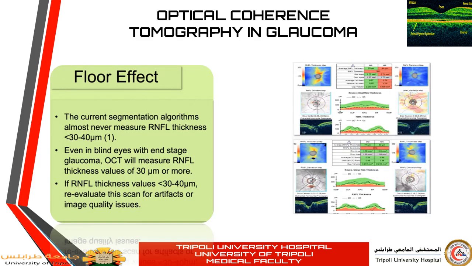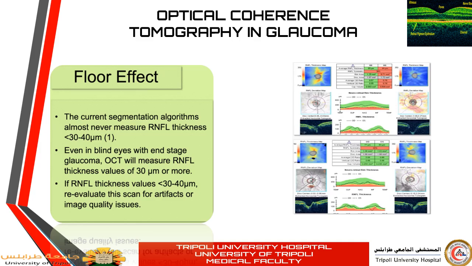For example, what's known as the floor effect of the OCT. The floor effect means that the current segmentation algorithm almost never measures retinal nerve fiber thickness less than 40 or 50 microns. Some machines go up to 50 microns, some between 30 and 40 microns.